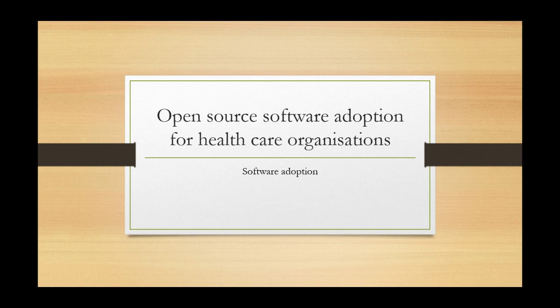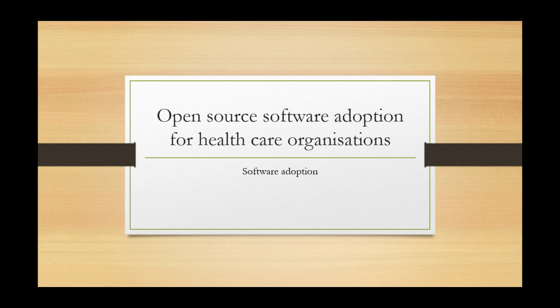So an organization can decide to move from a manual system to a computerized system, or from an old version system to a new system, which is more efficient or has more work capacity. Then the new system needs to be adopted, after which it can be used by users.